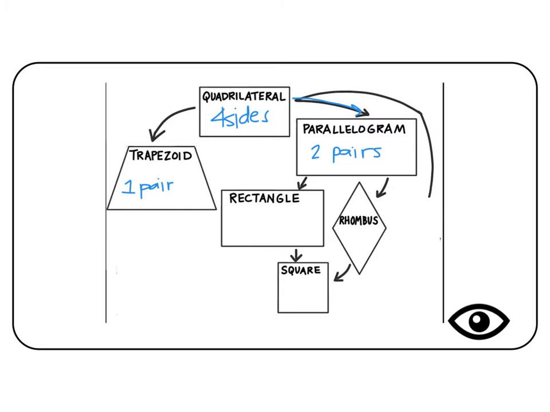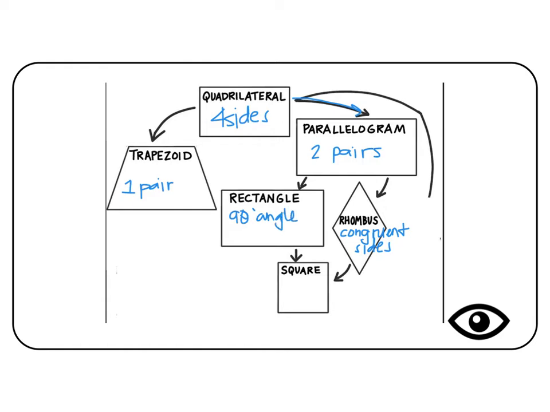Now, if it's a parallelogram, then we have some choices. Are the side lengths equal or not? If the side lengths are equal, we call it a rhombus. So I'm going to write congruent sides. If the side lengths are not congruent, then we call it a rectangle. A rectangle has 90-degree angles.